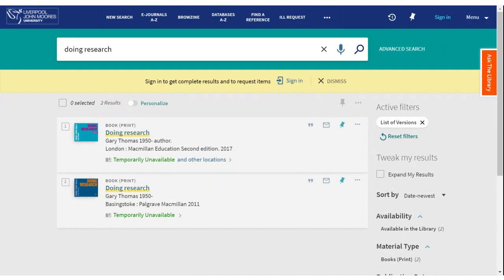Also, Sage Publishing, Sage Research Methods, which is available in our library, is also really useful. So Sage Research Methods.